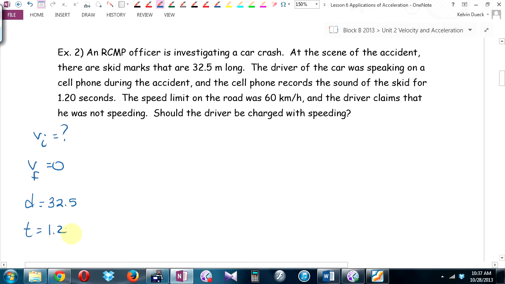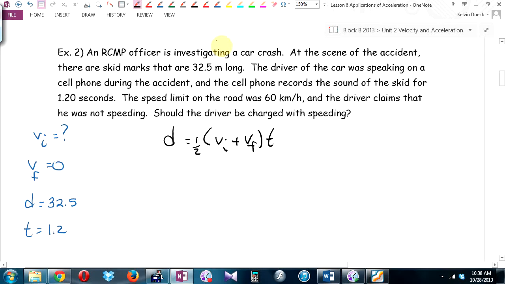I have 3 things. I can find a 4th. Is there an equation that has V initial, V final, D, and T in it? Or on your sheet, yeah?